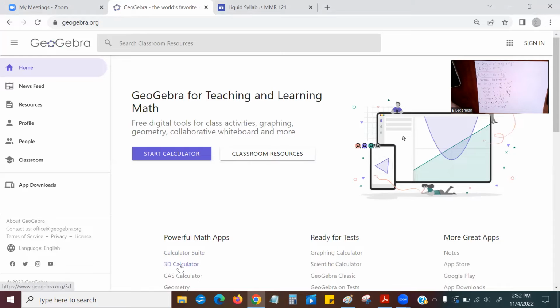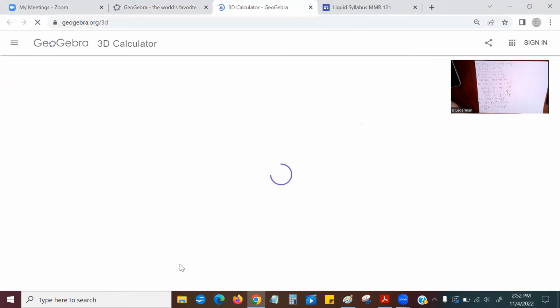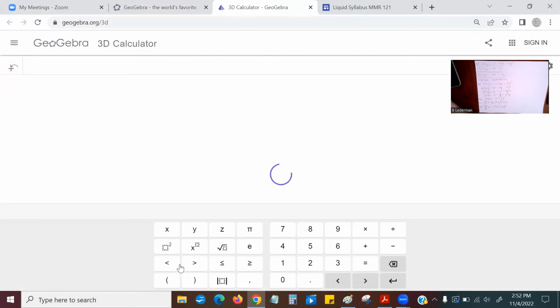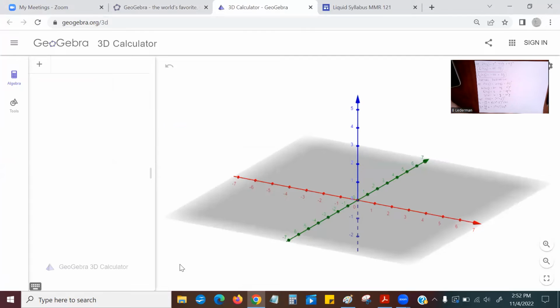So I'm going to my 3D calculator. It's right here. And okay, I'm just going to use the variable z. I don't think it matters. Actually, I never tried. I want to see how it works with GeoGebra if I type in f of x comma y.